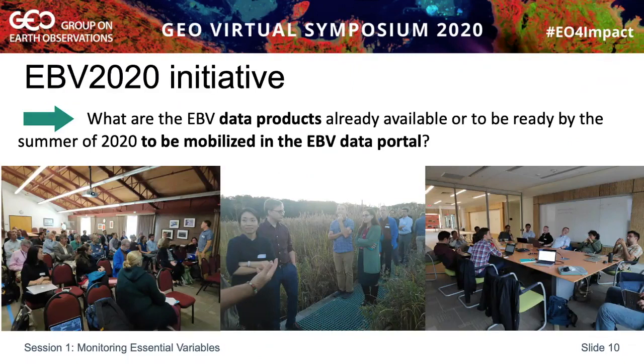And we then narrowed it down to a list of a little over 50 datasets that would match the definition of an EBV and the criteria that I listed a little earlier. So now we're in the process of following up with the data developers so that we can mobilize those datasets. And in particular, we are now prioritizing the datasets based on their policy relevance, which is a perfect segue into my next point.